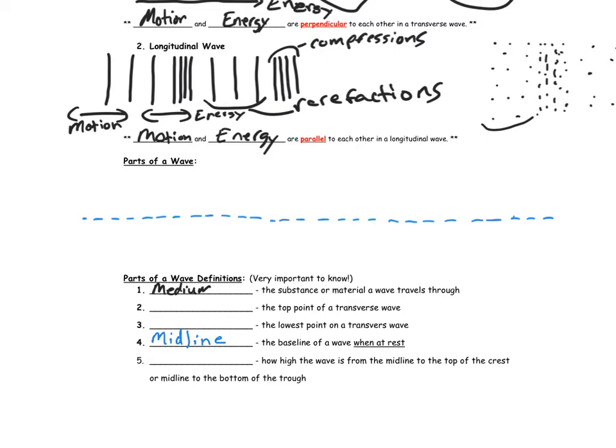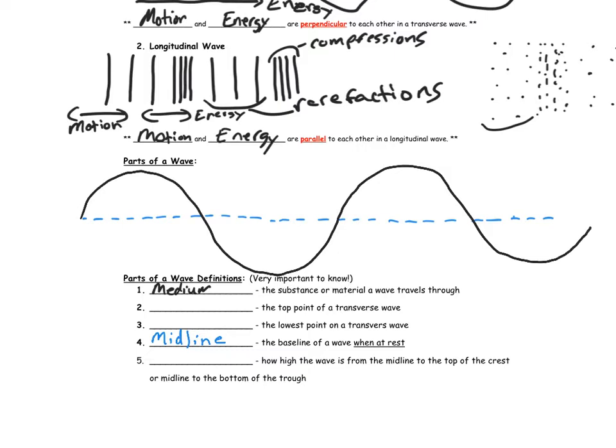It's just easier to visualize this with a transverse wave. So here's the transverse wave. All right, let me try doing that again. Try to make it a little more even. That was a little better. Again, apologize, I'm terrible at drawing.